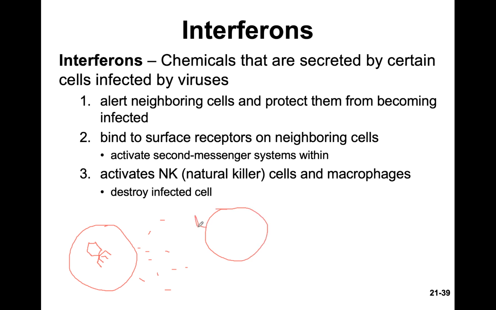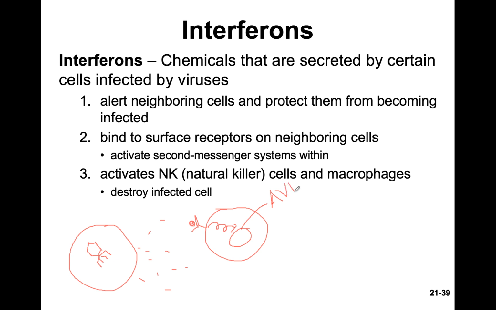These secreted chemicals that come from the infected cell are called interferons, and they go to neighboring cells, and they bind to receptors on this neighboring cell to send a signal internally to say, hey, I've been infected by a virus, and this cell will then create a protective mechanism, and they create these things called antiviral proteins.